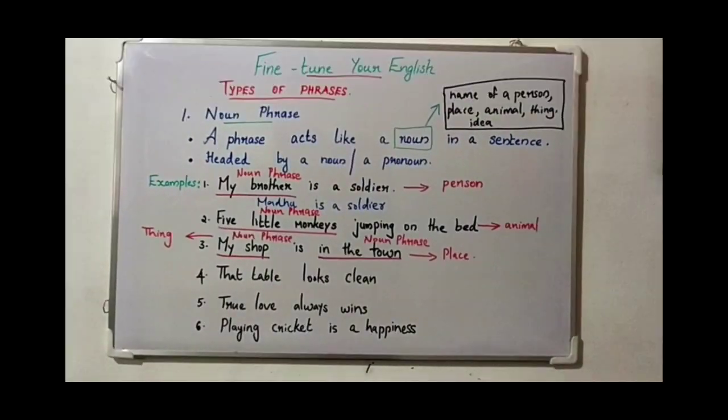See the third example. My shop is in the town. There you can see two noun phrases. My shop is one phrase and in the town is another phrase. My shop says the name of a thing. My shop, a pronoun and a noun. And in the town is referring to the name of a place.